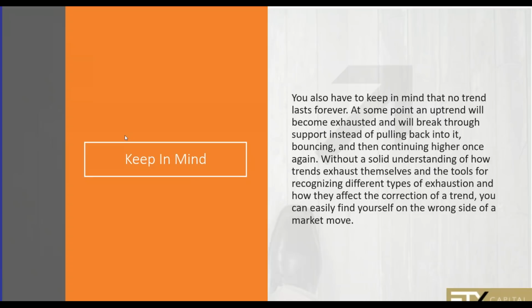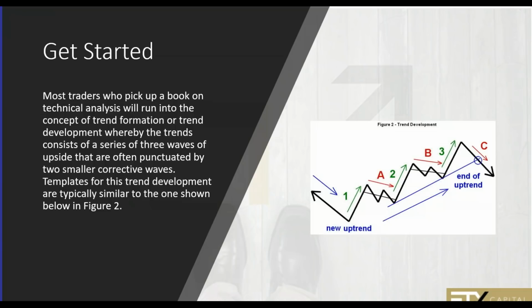Every one is individual. So you have to keep in mind that no trend lasts forever. At some point, an uptrend will become exhausted and will break through support instead of pulling back, and then continue higher once again. So without a solid understanding of how trends exhaust themselves and the tools for recognizing different types of exhaustion and how they affect the correction of a trend, you can easily find yourself on the wrong side of the markets.